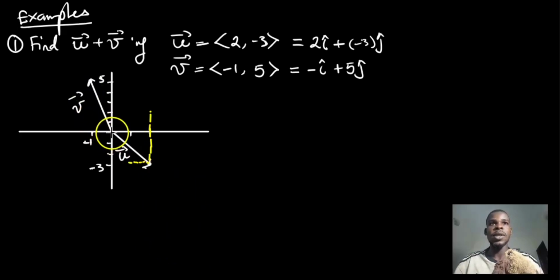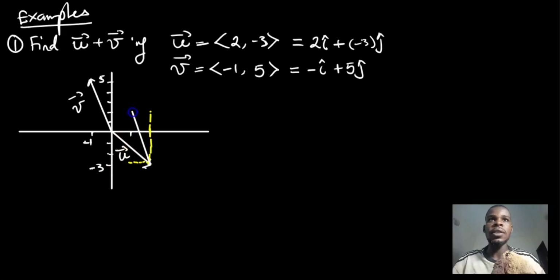So let me just say it one more time, just to pick everyone along. You see vector v, as it increases by 5 units in the y-axis, it reduces by 1 unit in the x-axis, or maybe I should say in the i-hat direction. So starting from the terminal point of u, it's going to go up by 5 units, and as it's going up, it's going backwards by 1 unit, leaving us with a vector that goes this way.